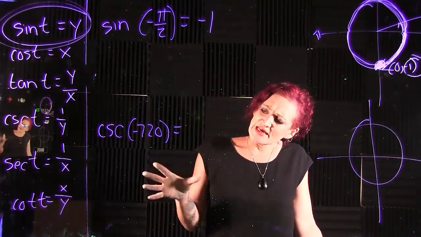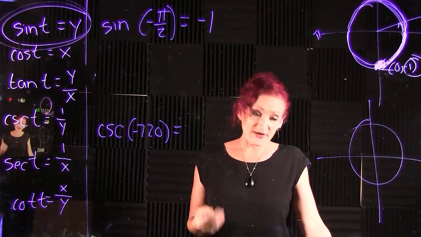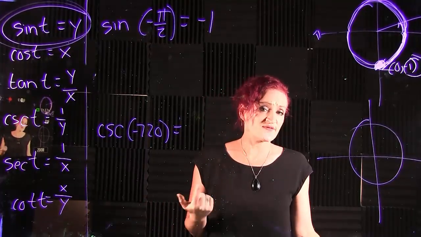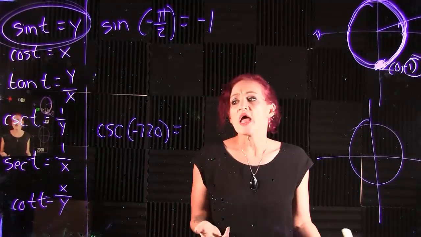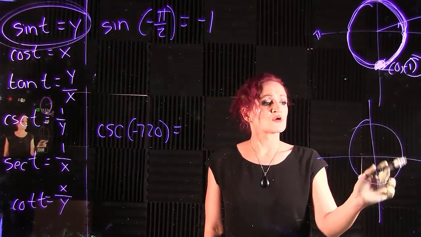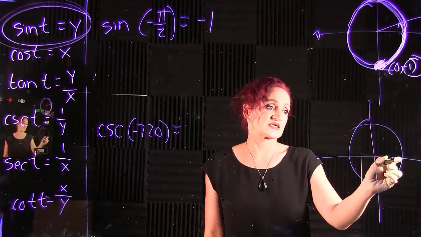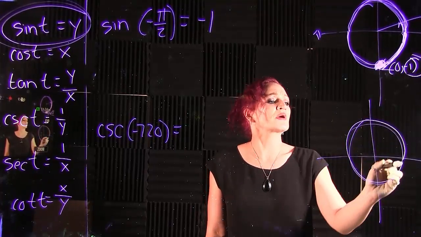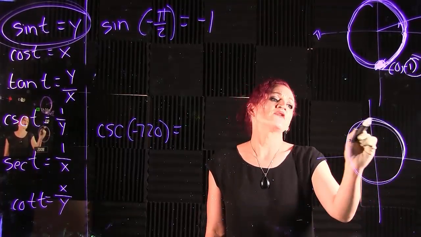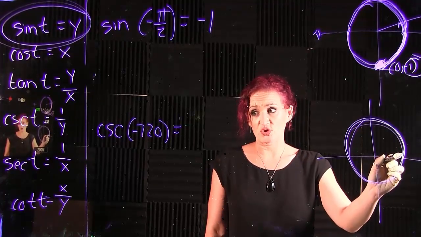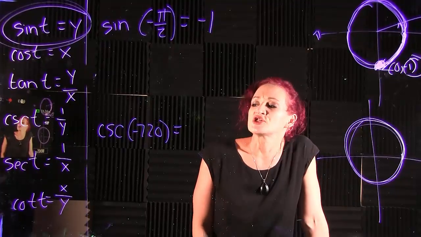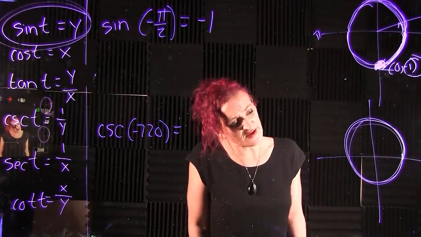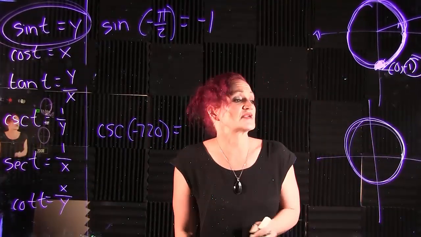Now, if we take a look at something like cosecant of negative 720, negative 720 is a large angle. It's a couple of rotations around our circle. A full rotation around a circle is 360 degrees. One loop around the circle is 360, and another full loop is 720. Since this is negative 720, we would go clockwise around the unit circle.